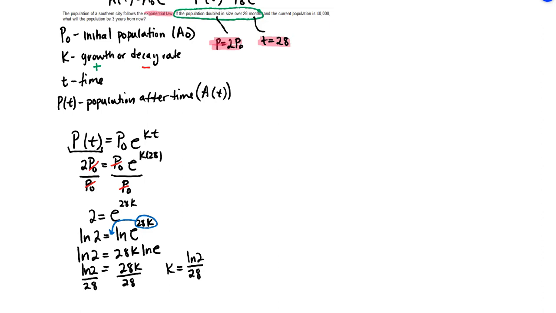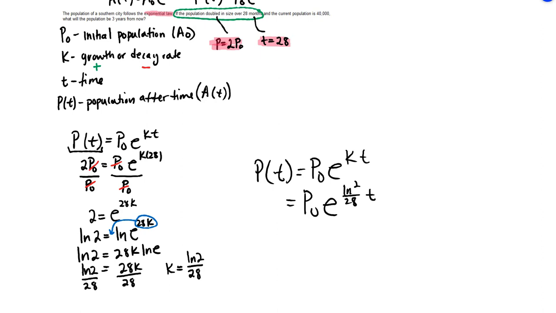So my formula was P of t equals P0 e to the kt, but I was able to find what k was. That's natural log 2 over 28. So now when I'm using this formula, I have two variables. I have P0, which is my initial population, and the time. And that's exactly what they gave me on this second part of the question.